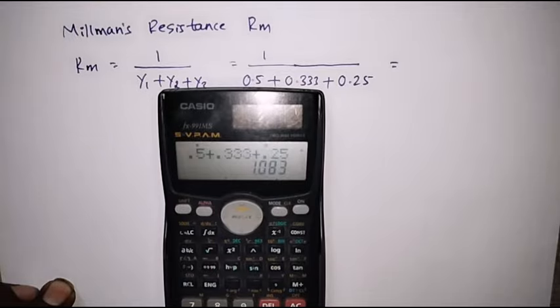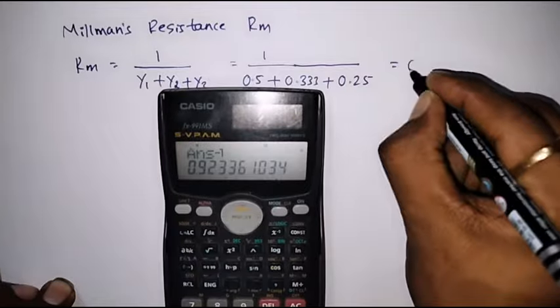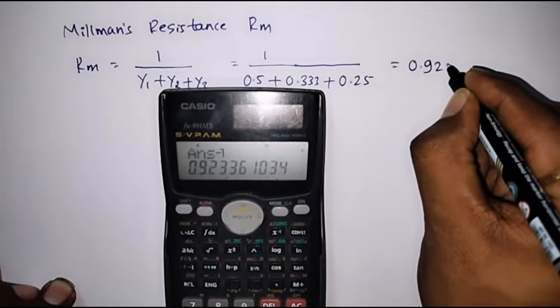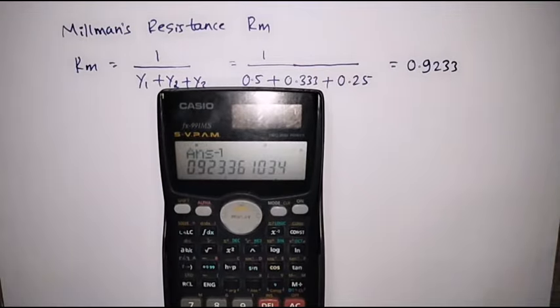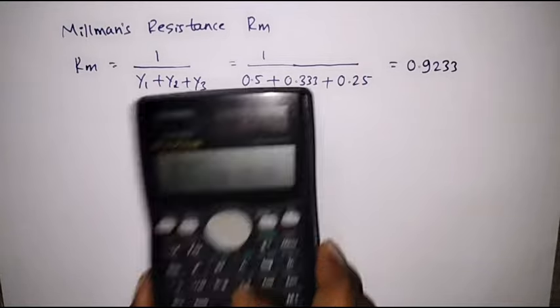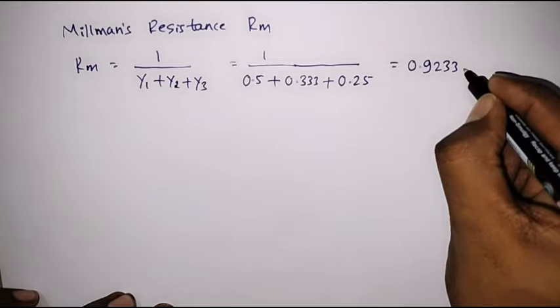Now we'll simplify this. 0.5 plus 0.333 plus 0.25 is 1.083, and taking 1 upon that, we get 0.9233. So this is Millman's resistance Rm, that is 0.9233 ohms.